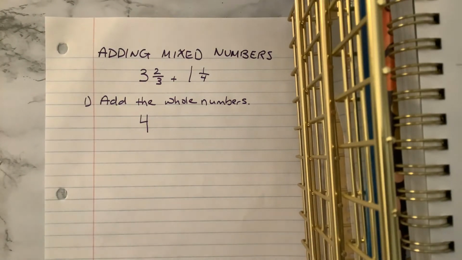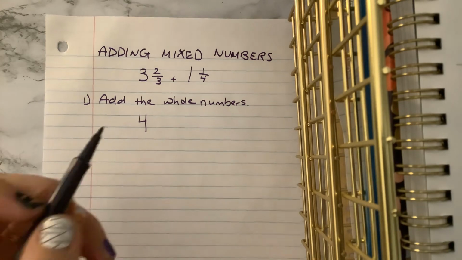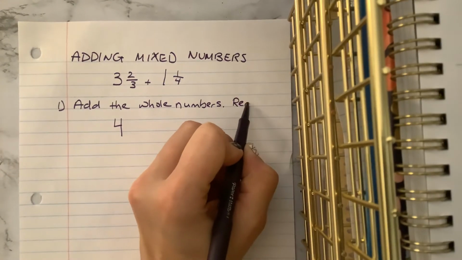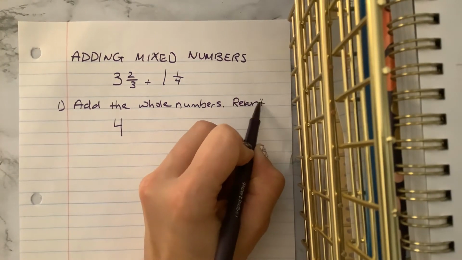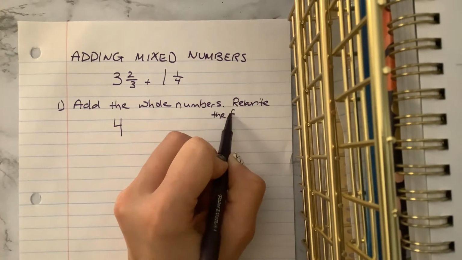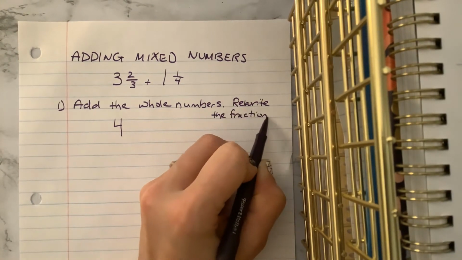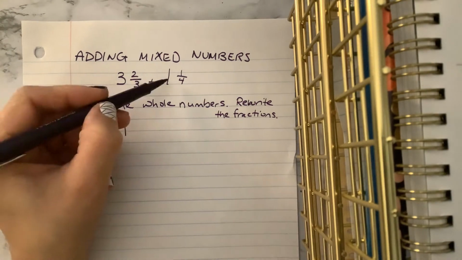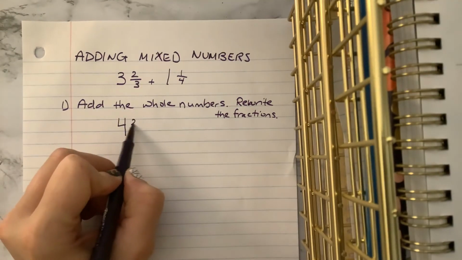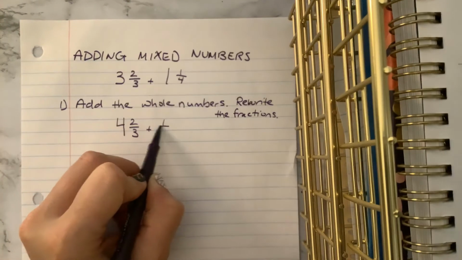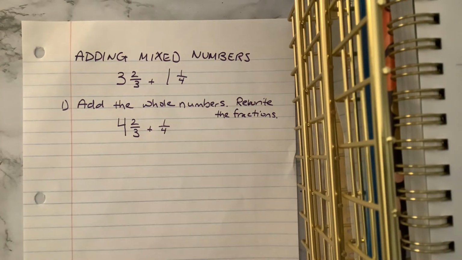Okay, add the whole numbers, and I guess I should say rewrite the fractions. So 3 plus 1 is 4, and then we can copy 2/3 plus 1/4.